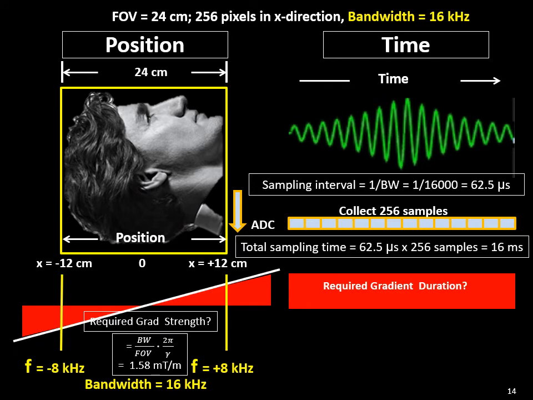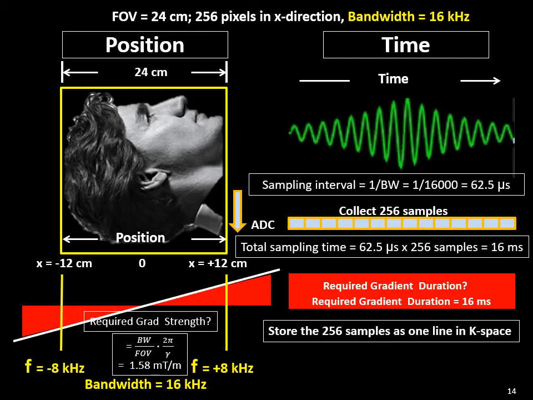We collect these 256 samples at 62 microseconds per sample, so the total sampling time is 16 milliseconds, twice as long as with the previous example where the bandwidth was 32 kilohertz. So the required gradient duration in this case is 16 milliseconds, and we store those 256 samples as one line in K-space.